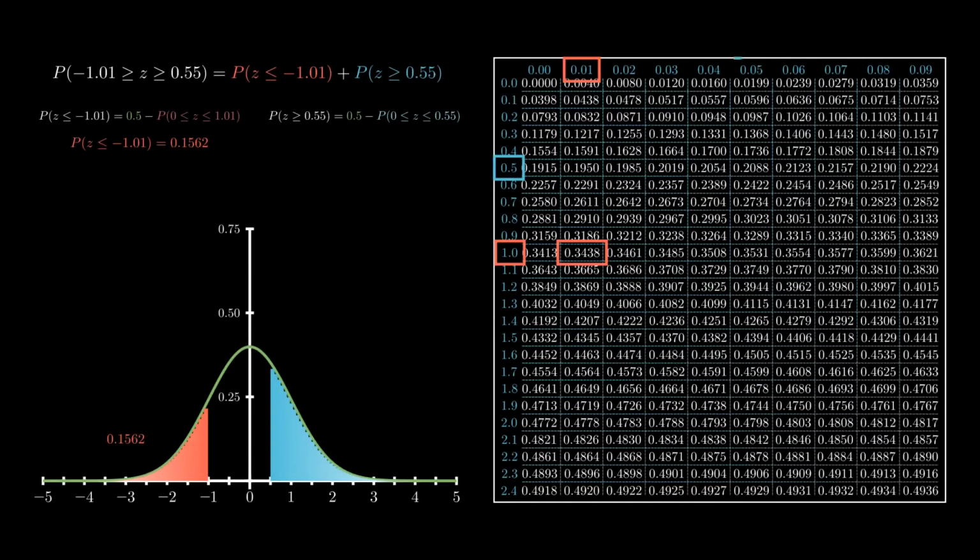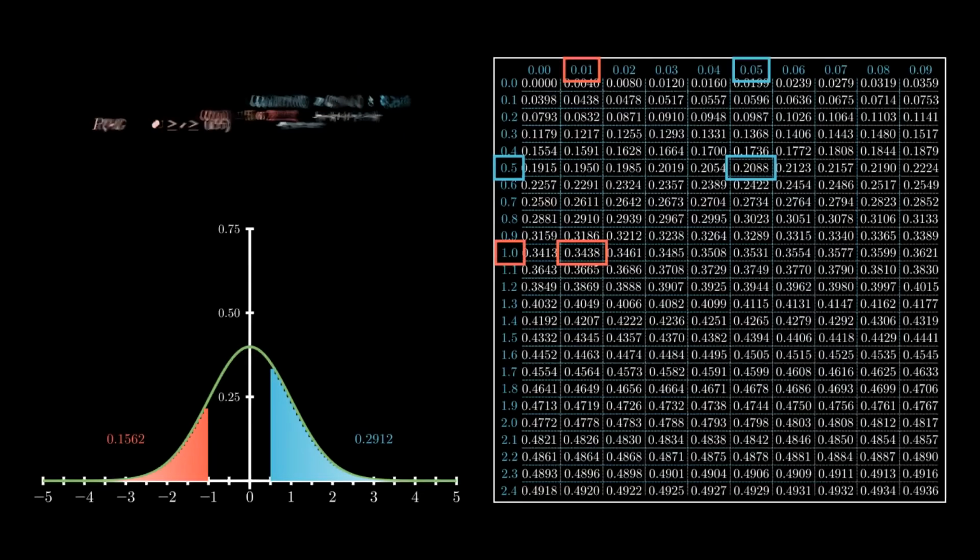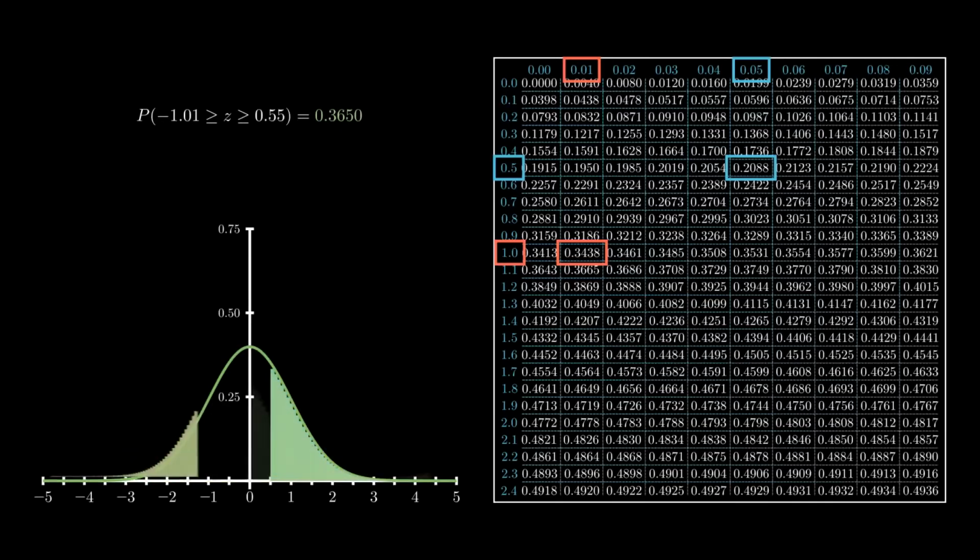Now doing the same thing for the blue tail, 0.5 and 0.05 intersect and we arrive at 0.2088, and subtracting it from 0.5 will give us the final answer, which is in this case equal to 0.2912. Now, adding those two probabilities together would give us the final result, which is equal to 0.3650.